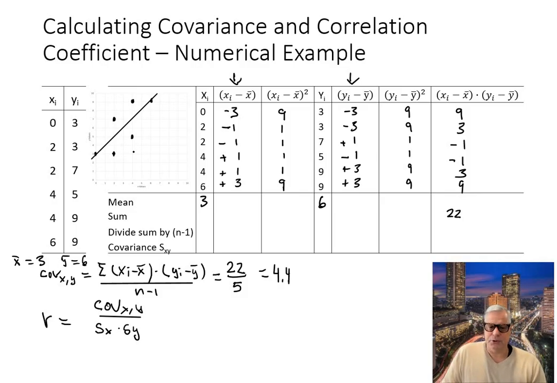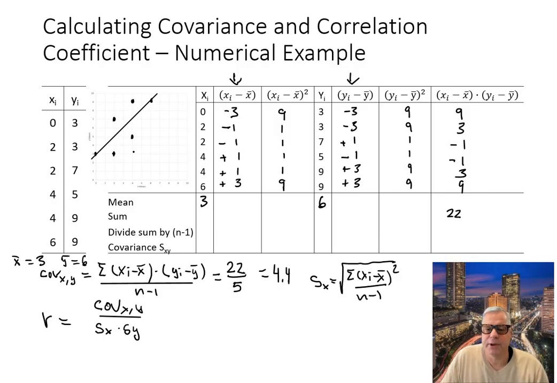Okay, so we still need to calculate the standard deviation for x. And the standard deviation for x is the square root of the sum of all the squared deviations from x divided by n minus 1.